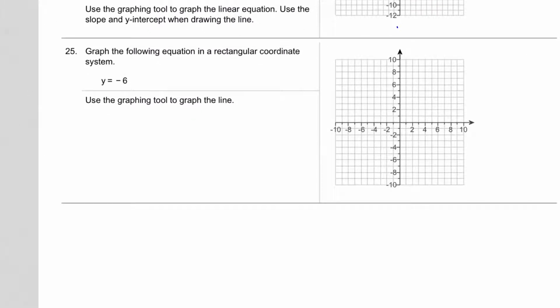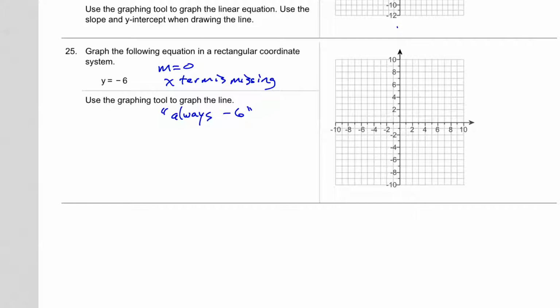Okay, number 25. This is saying the slope is 0 because that's why you don't see any x term. Okay, the x term is missing. That's because it's gone. It's times 0. All right. So this is also saying that the graph is always -6 for y.